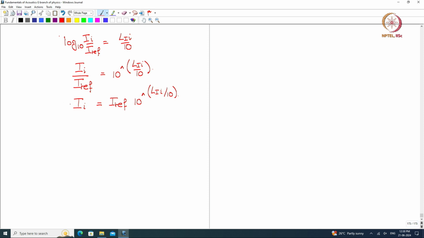So now I have this intensity in watts per meter square for the ith grid, and let's say I goes from 1 to 100.